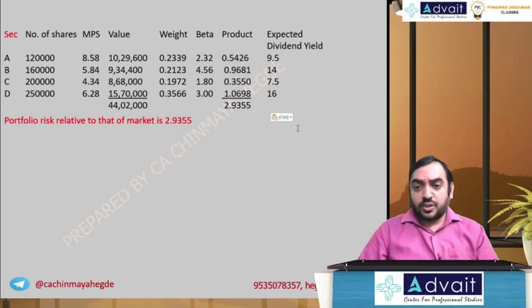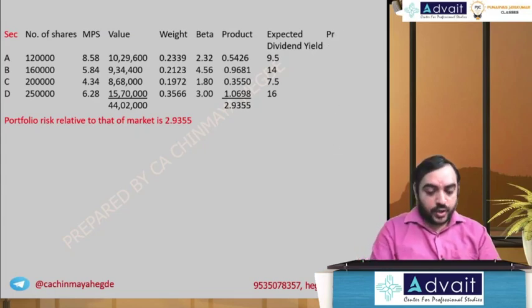Then do a product of the weight and dividend yield.